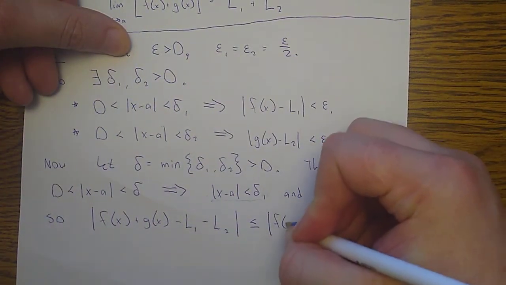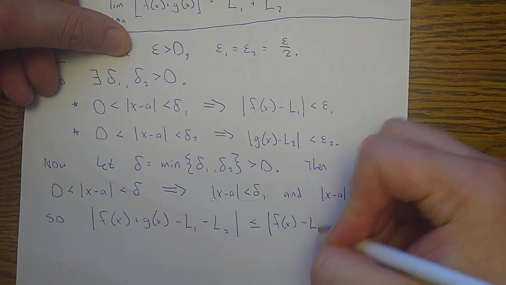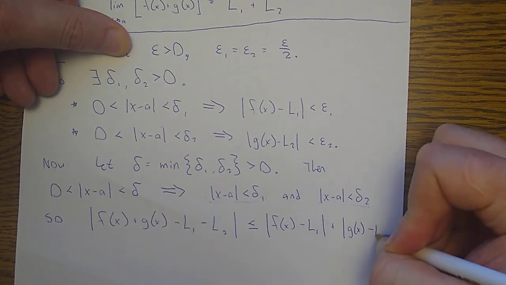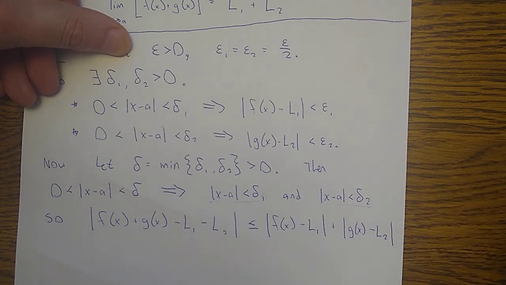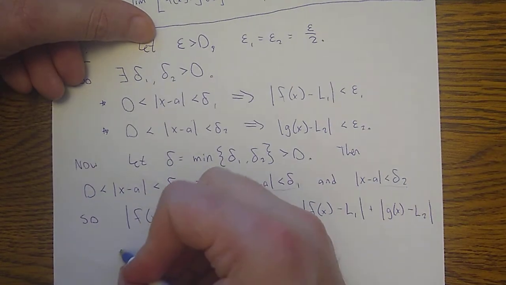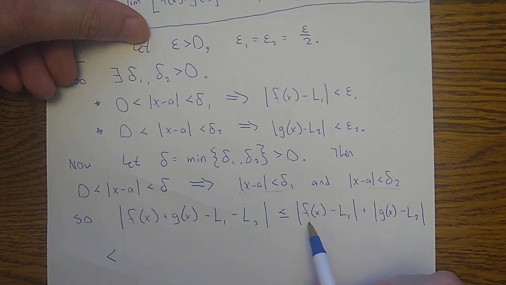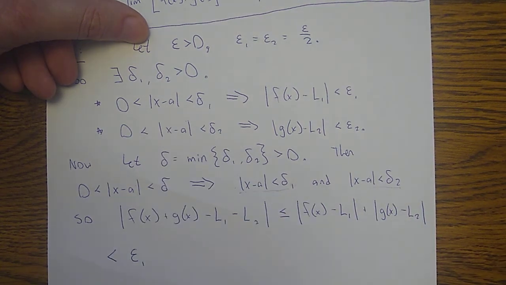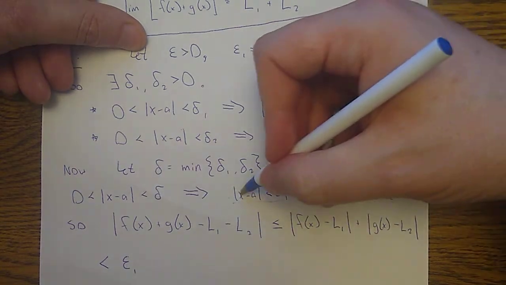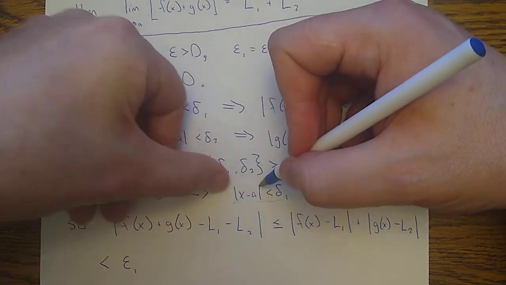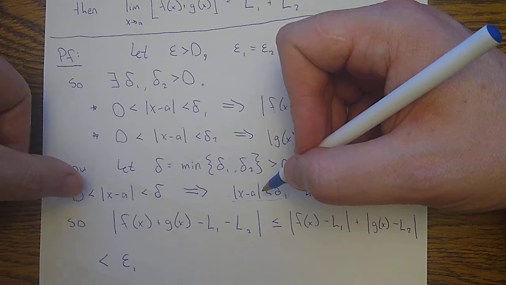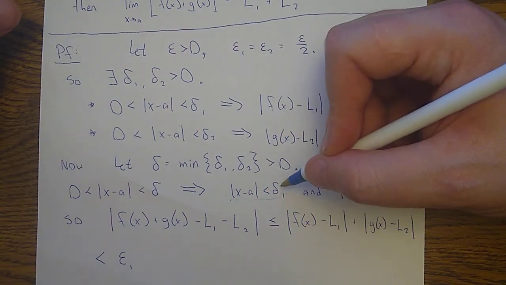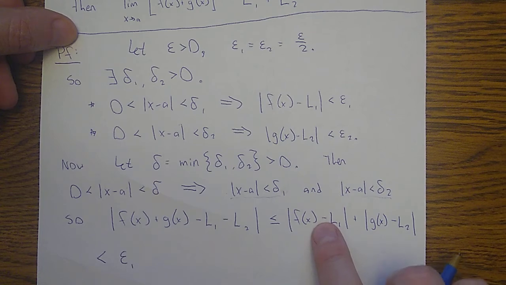So that's f of x minus L1 and g of x minus L2. I know that this number is less than epsilon 1 because the absolute value of x minus a is positive, and it's less than delta 1. So that's why I get this.